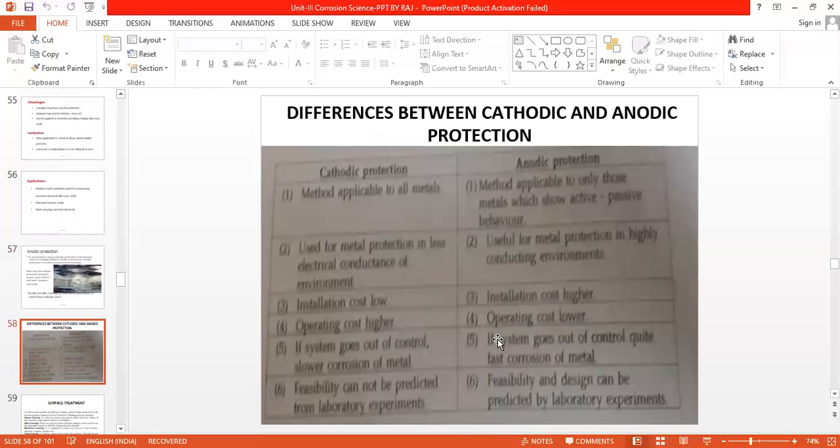Now we will see the differences between the cathodic and anodic protection methods. The cathodic protection is applicable to all the metals, whereas the anodic protection method is used only for the metals which show active passive behavior.